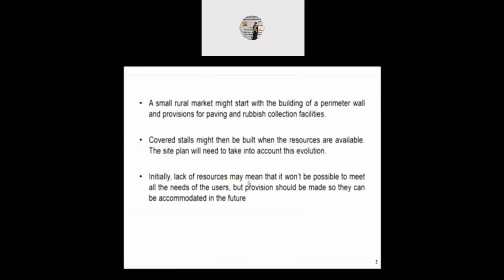it does not affect the overall planning process. Initial lack of resources may mean that it wouldn't be possible to meet all the needs of the user, but provision should be made so that they can be accommodated in the future. Even though there may be a lack of resources such as funding, or if it does not have proper amenities, we must always be able to improve it in the future. But designers should be sensitive while designing, so that these improvements can be incorporated in the future.